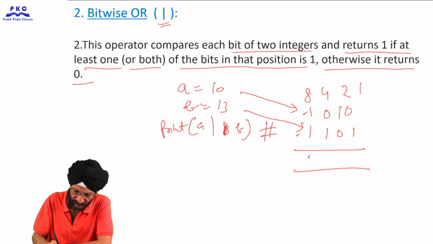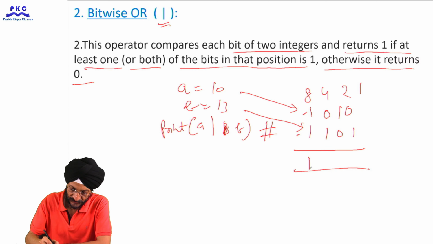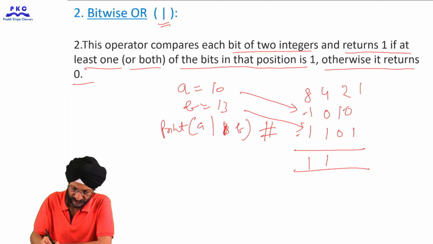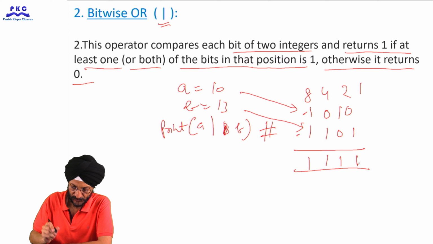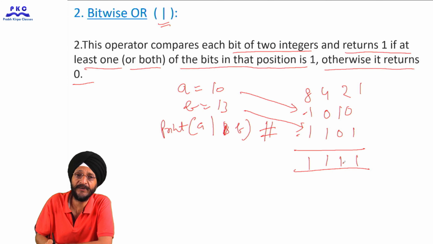Here both the bits are 1, so 1. Here one of the bits is 1, so the final result is 1. Here one of the bits is 1, so the final outcome is 1. Here also one of the bits is 1. So the final outcome is 1 1 1 1.